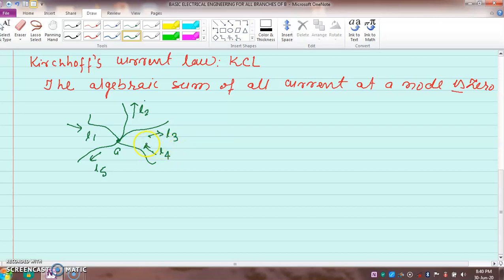So how many currents are there? There are 5 currents: I1, I2, I3, I4 and I5.